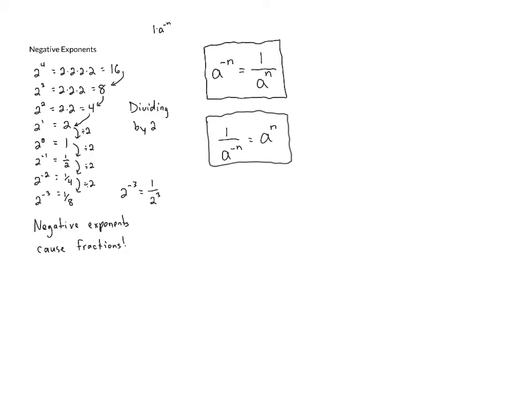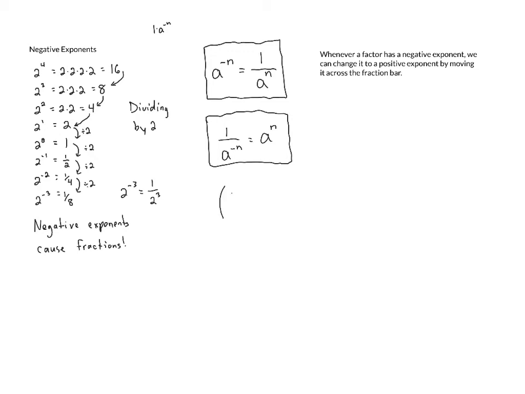Whenever something has a negative exponent, we can change it to a positive exponent by moving it across the fraction bar. That's an important rule. This is how we express the rule in words, and this is how we express the rule algebraically. There is one more rule that we'll see here.